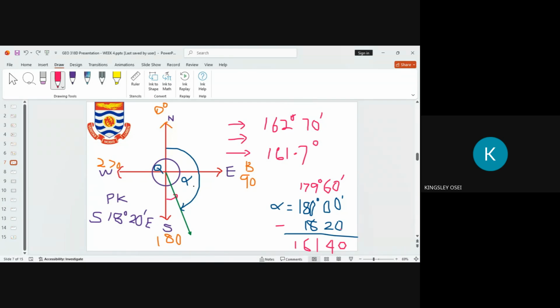So it will be fair if you can express the 180 as a degree and minute. So how do we do that? We borrow 1 degree from 180. When you borrow 1 degree from 180, you'll be left with 179 degrees. And the 1 degree you are taking, we change into minutes, it becomes 60. So the 180 degrees will now read as 179 degrees, 60 minutes.